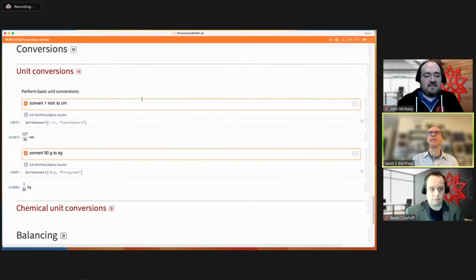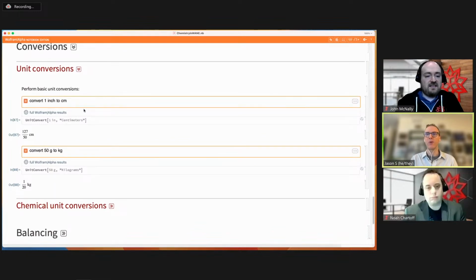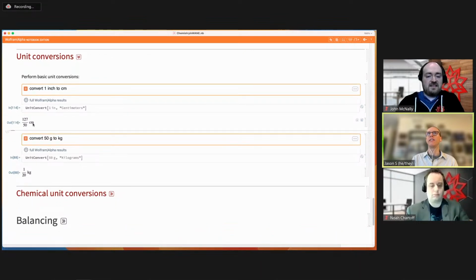And here I've got an example for those of us that don't work in the metric system, here in the States and elsewhere, converting 1 inch to centimeters. Again, running that pulls up the Wolfram Language system function UnitConvert with 1 inch and then what we want back out. And here it returns the exact result.